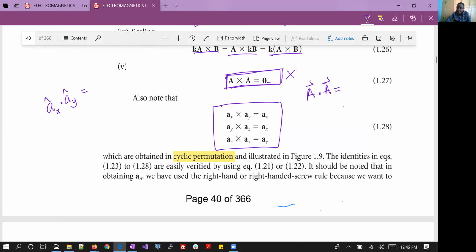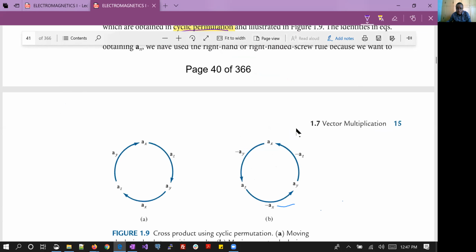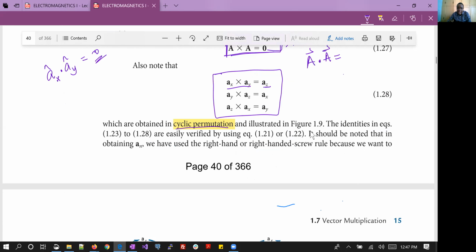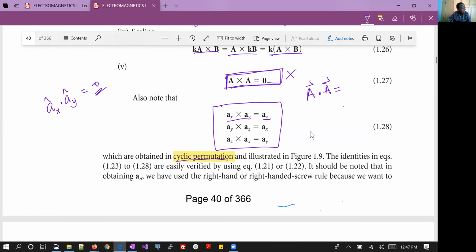0, correct. So that is 0, but we are saying now that AX cross AY is equal to AZ. We actually follow something called cyclic permutation, and you will see in a figure shortly that they follow a very defined order.